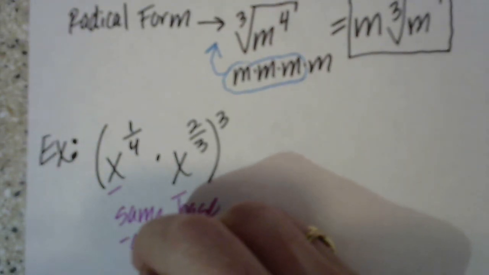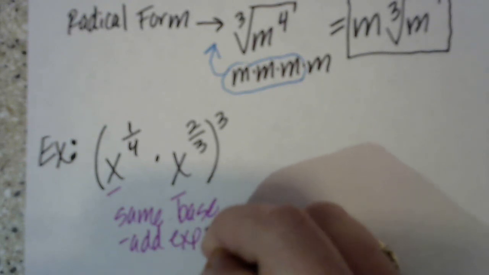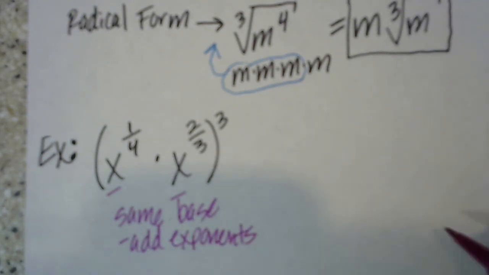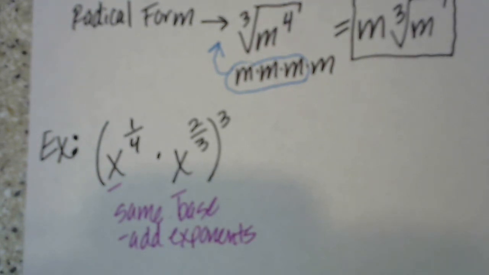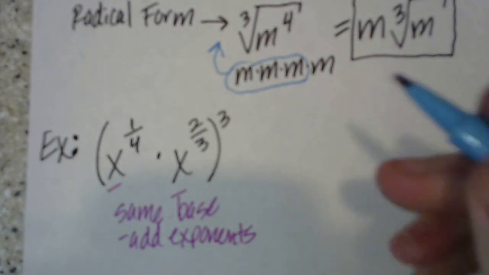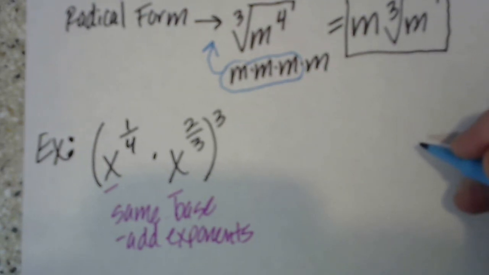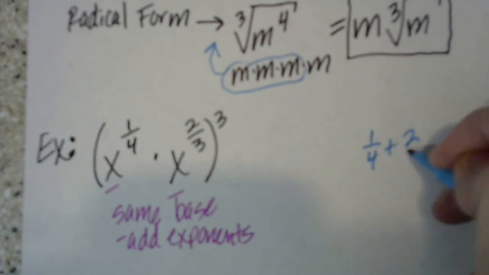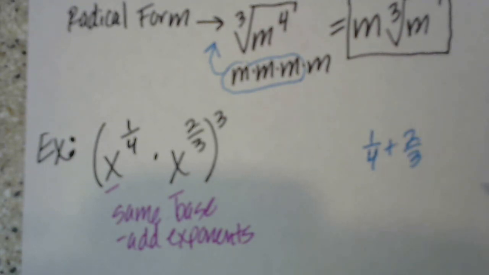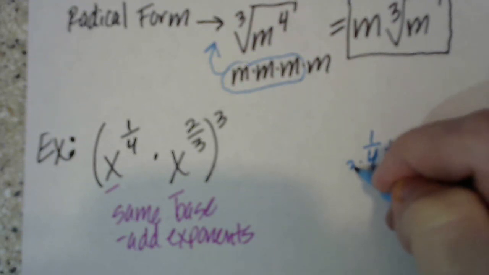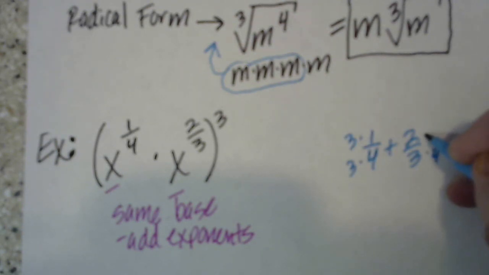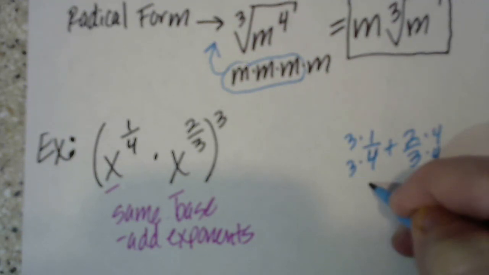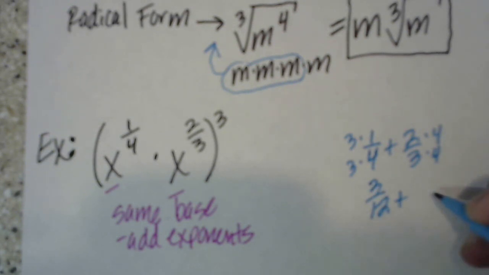So I'm going to add the exponents. 1/4 plus 2/3. I know that I'm going to have to get a common denominator, right? Which is going to be 12. So it's this times 3 and this times 4. 3/12 plus 8/12.